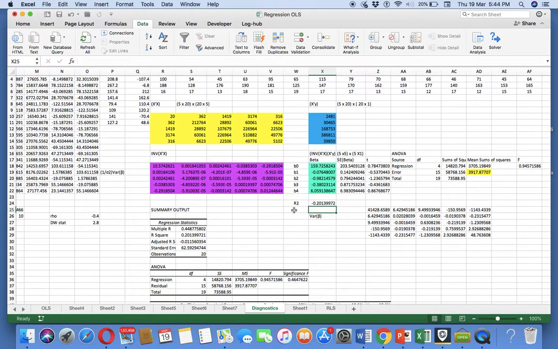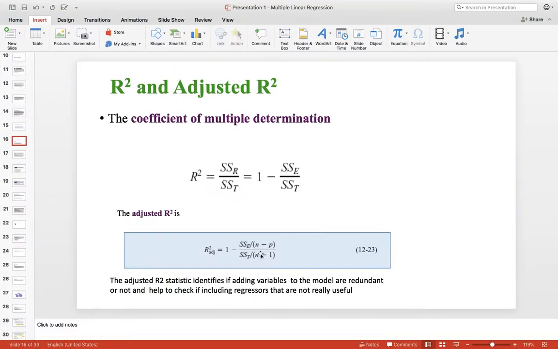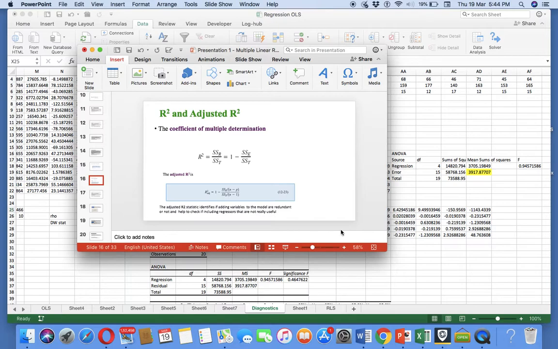The R bar squared, we can go back and recollect. The R bar squared is sums of squares divided by n minus k, the total sums of squares divided by that, so that we can get it over here.